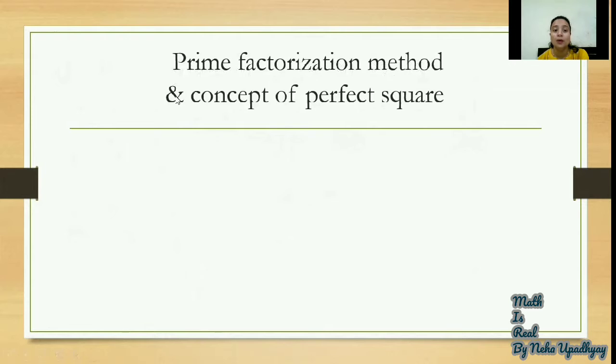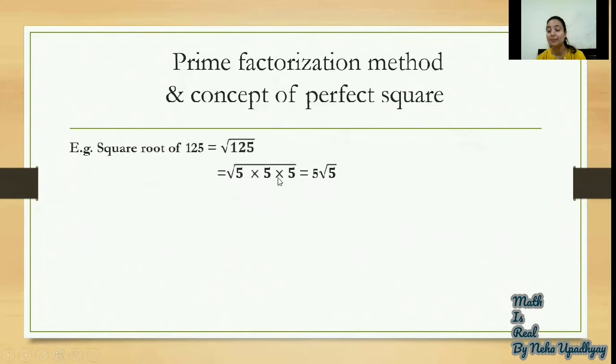Now, methods. Prime factorization method and the concept of perfect square. How to find a perfect square and how to use this prime factorization method. Do we know what prime numbers are?